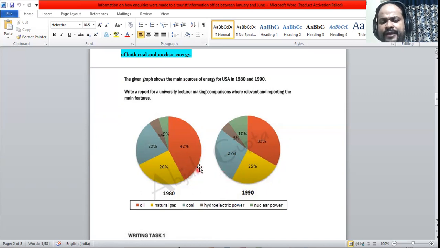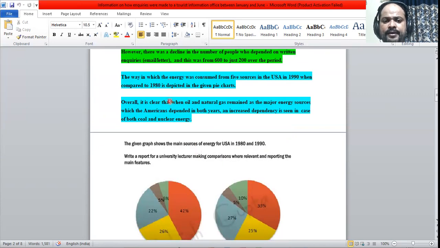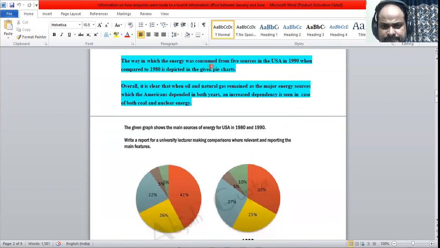So we are going to frame two paragraphs apart from the introduction and overview: what was there in 1980 and how it changed in 1990. Another way of comparison is that you take the case of oil and see the difference.